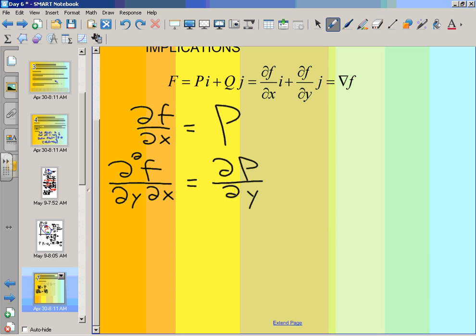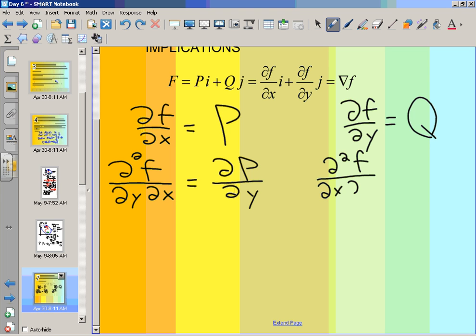But we also know that df/dy equals Q. And if we differentiate this with respect to x, then we're going to have the derivative of Q with respect to x. And so what does that tell us? What do we know about those two? They are equal.